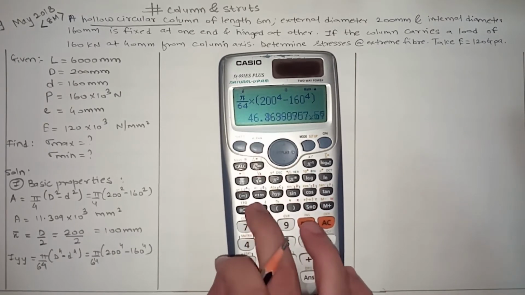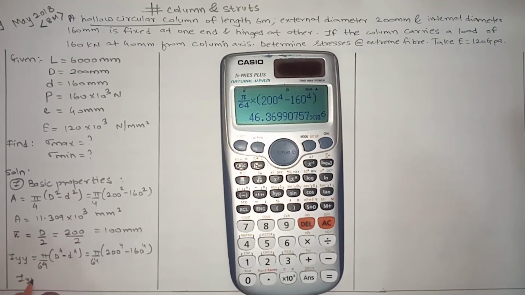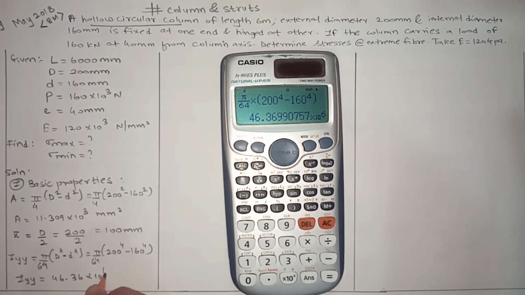So inertia is 46.36 into 10 raised to 6 mm raised to 4.